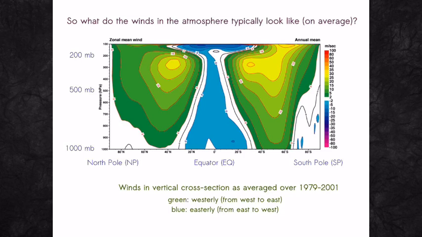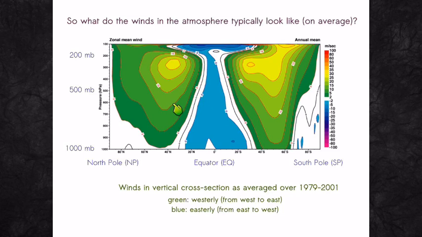Okay, so what do we actually see in terms of the main pattern in the winds? The main pattern is that you get this really strong current of winds in the upper troposphere, centered at about 250 millibars, and also in mid-latitudes.